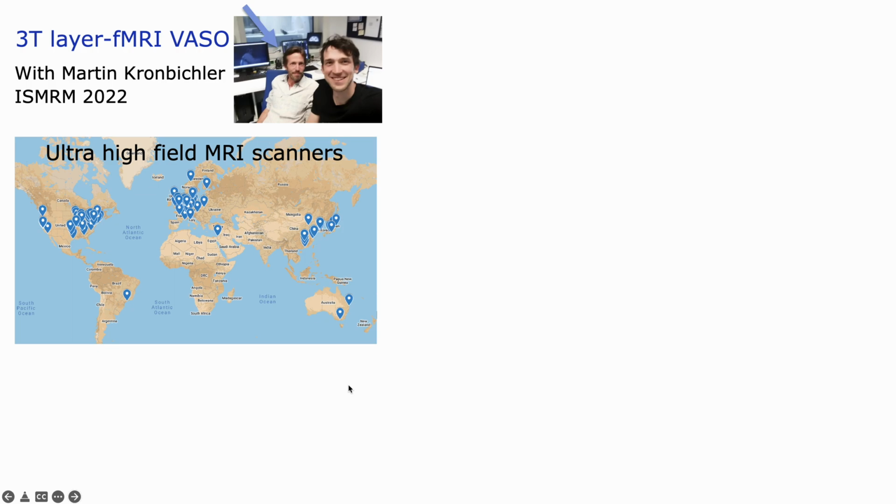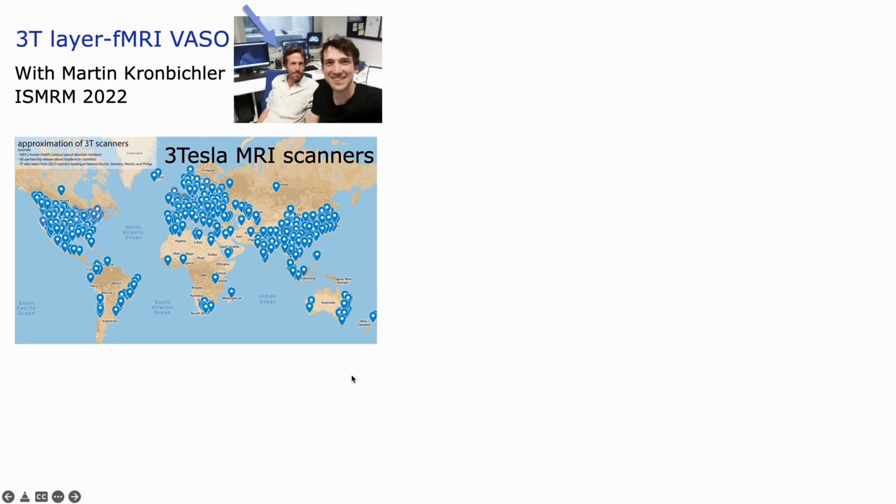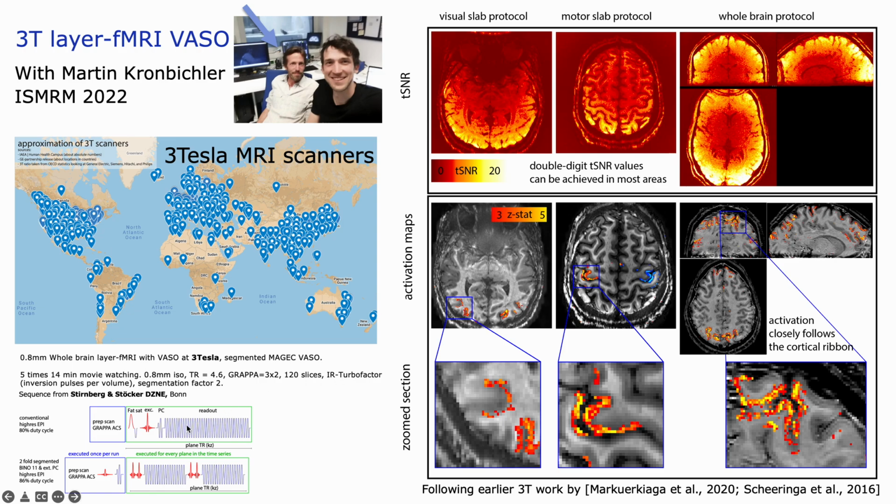Currently, layer-dependent fMRI as a field is growing faster than the ultra-high field community. So in order to keep growing, I think we do need to expand across field strength. And while ultra-high field strength, I think, should stay in the leading role of being a technology driver, conventional 3 Tesla field strength also have quite a few virtues, in the sense that there are orders of magnitude more users that could cite your papers and use your tools, but also the longer T2 star and reduced B0 inhomogeneities make it so much easier to work with and do all kind of segmentation tricks here.